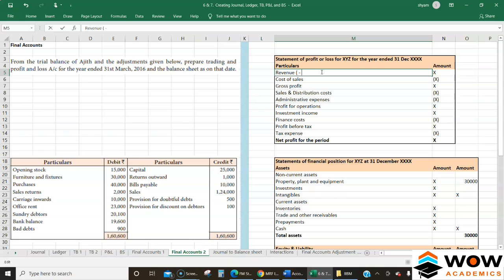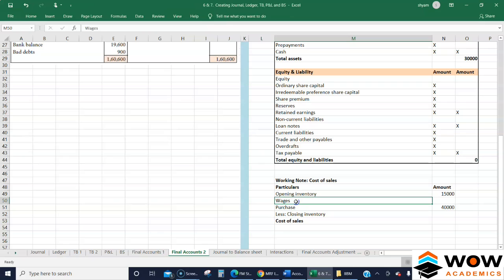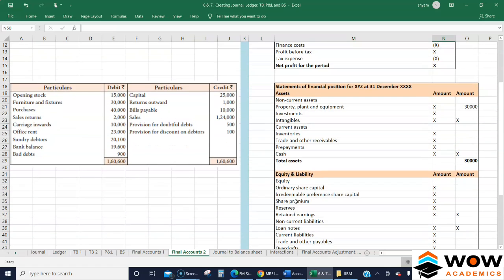Returns is 2,000. We'll adjust it in the sales itself. Next is carriage inward. So carriage inward is 10,000.